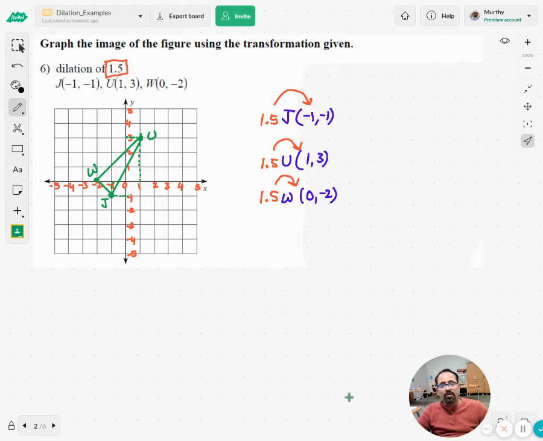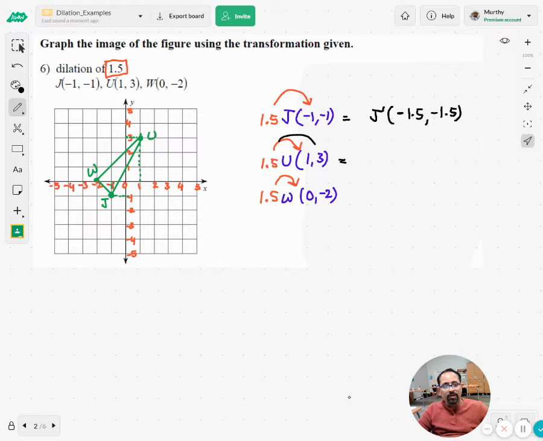So let's compute. 1.5 times -1, 1.5 times -1, that gives me -1.5. 1.5 times -1, once again -1.5.